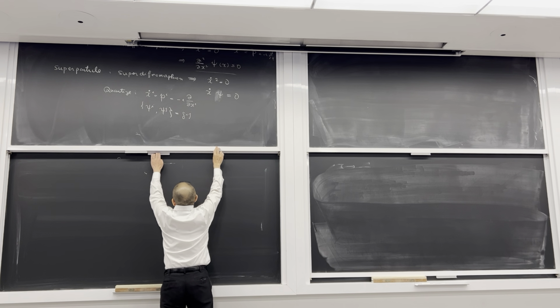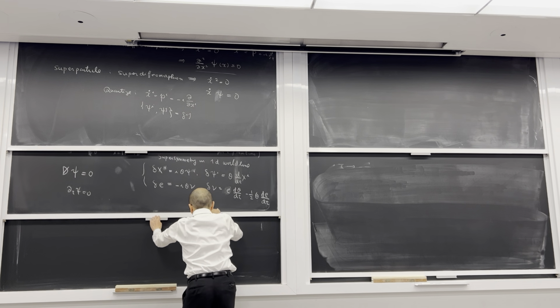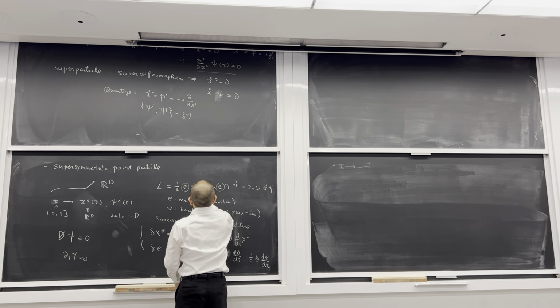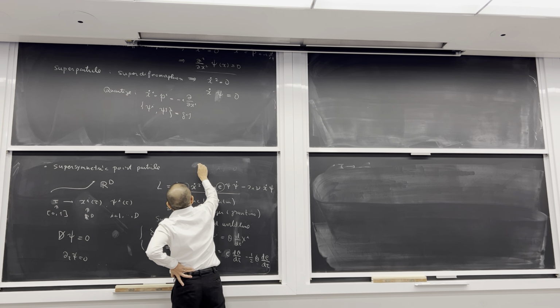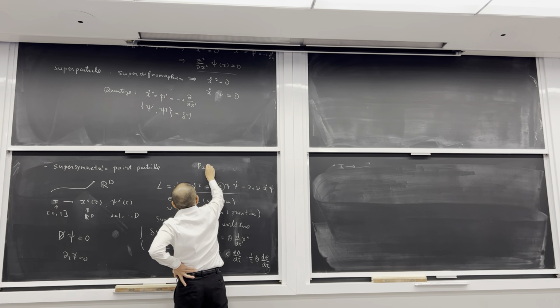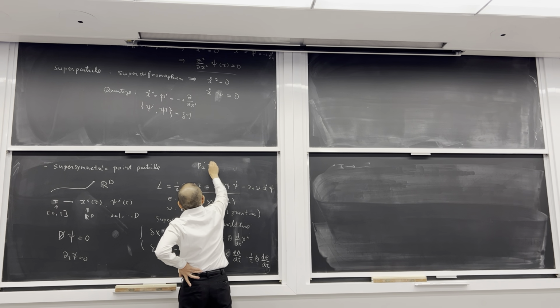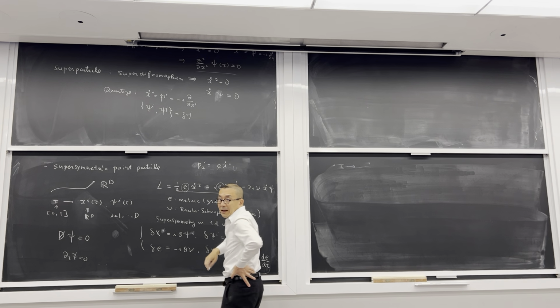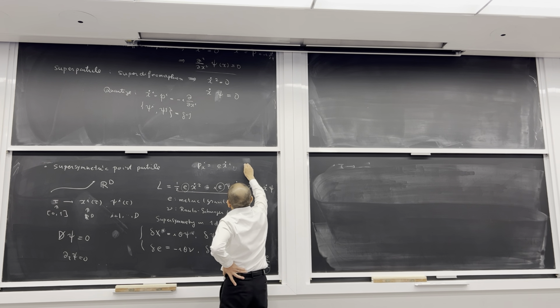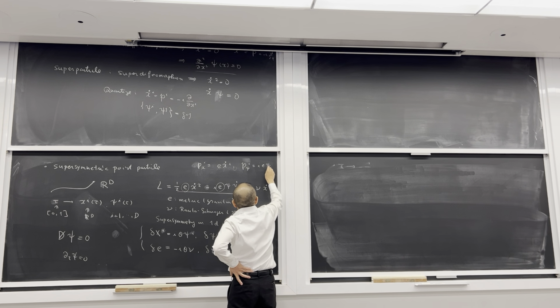If I look at this kinetic term, then the momentum conjugate to x is equal to E times x dot, and the momentum conjugate to psi is equal to i times E times psi.